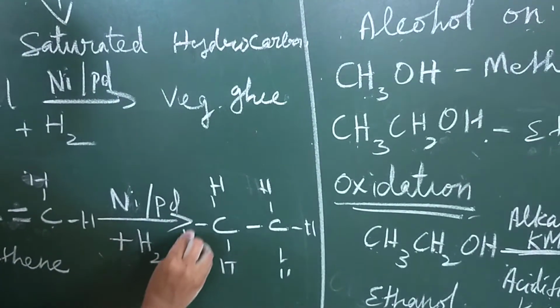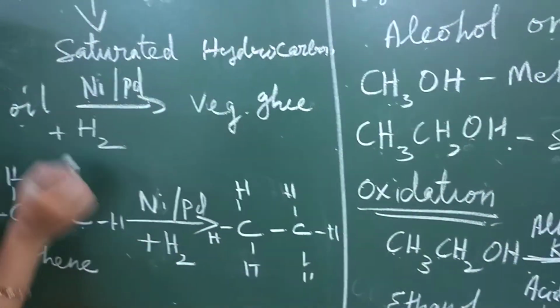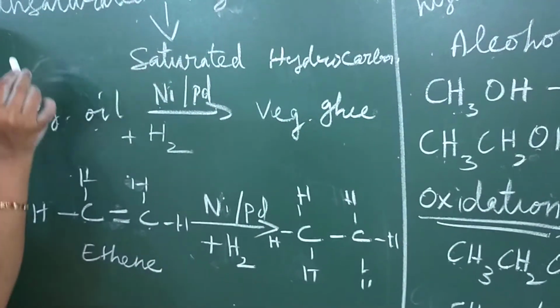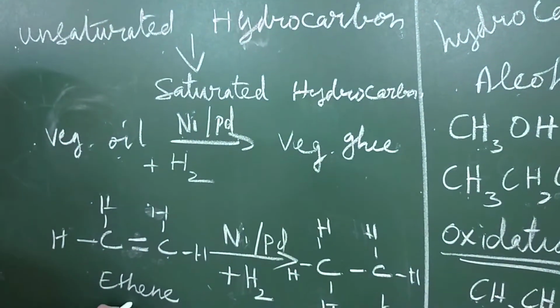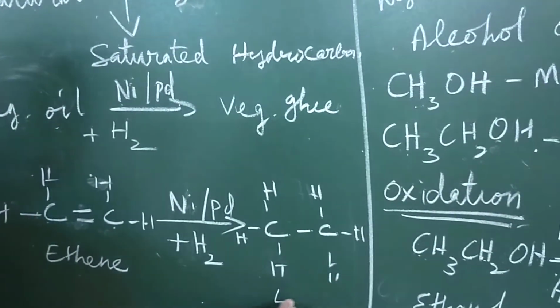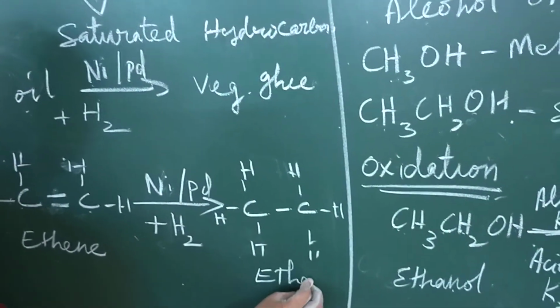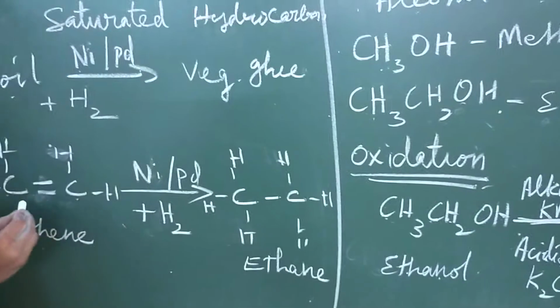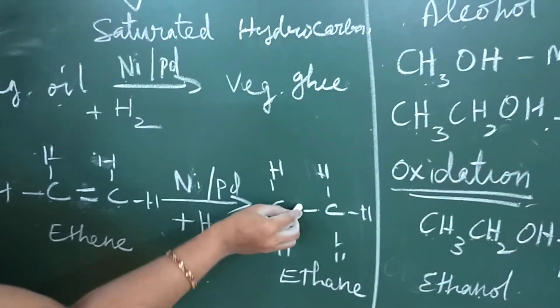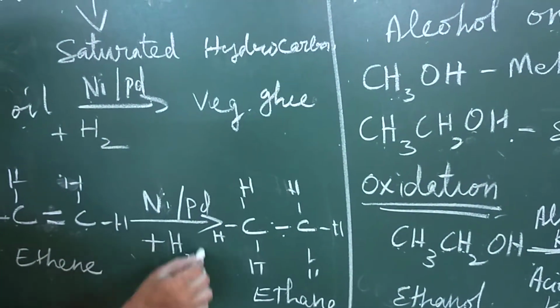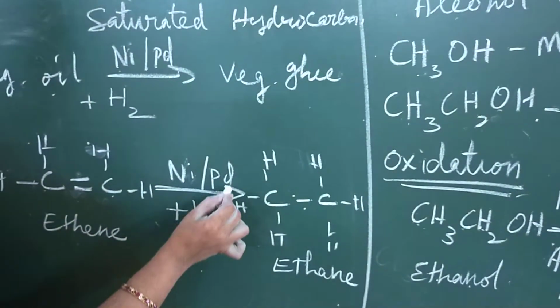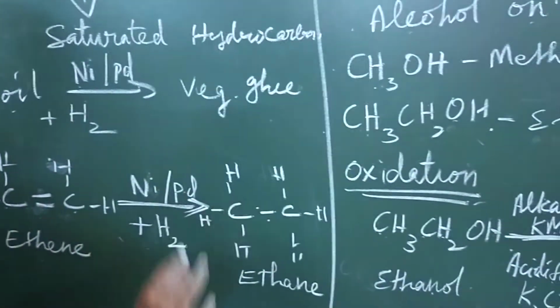So the double bond is converting into a single bond by adding hydrogen. This is known as hydrogenation and also as an addition reaction. Ethene is converting into ethane: ethene has a double bond, ethane a single bond, by adding hydrogen in the presence of a nickel and palladium catalyst.